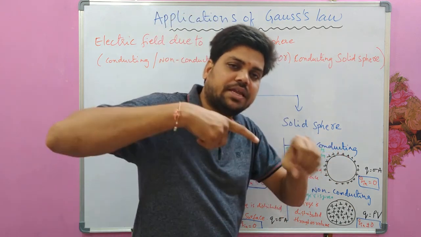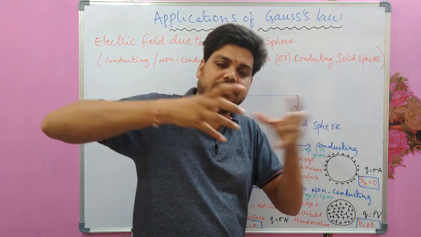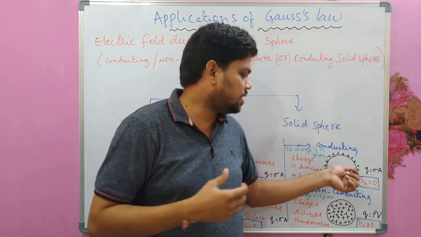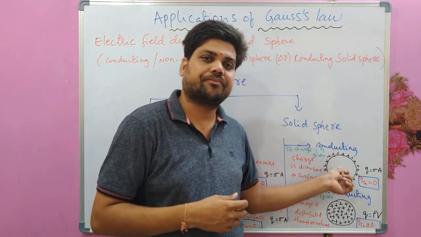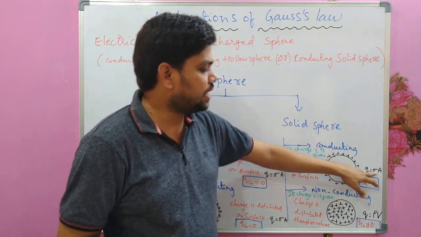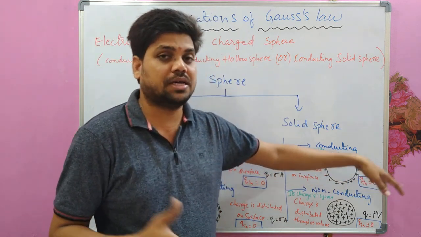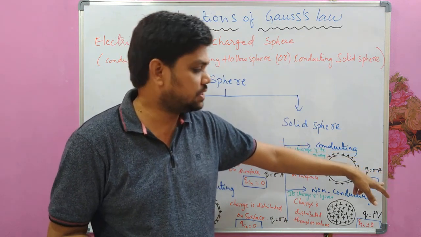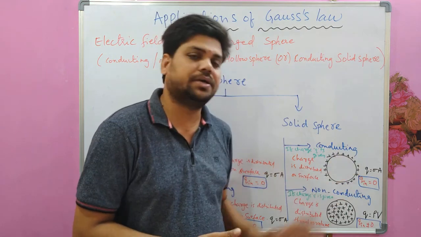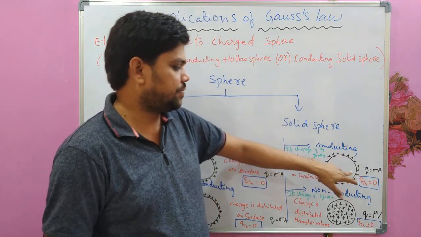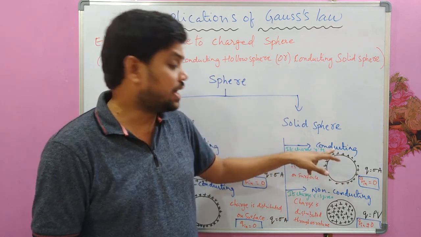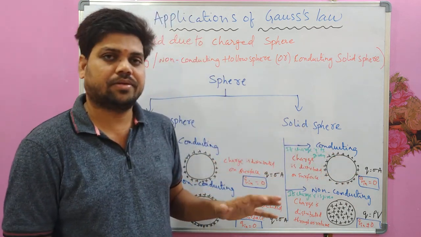If the charge is given inside, that charge comes onto the surface because of the conducting nature of the sphere. And here the charge given to the sphere will again be sigma multiplied by A, where sigma is the surface charge density, and A is the surface area of that sphere, and there is no charge inside for a conducting solid sphere.